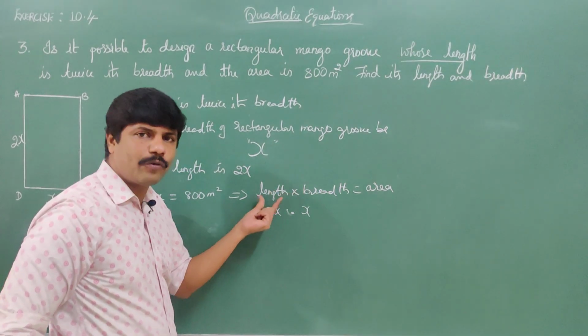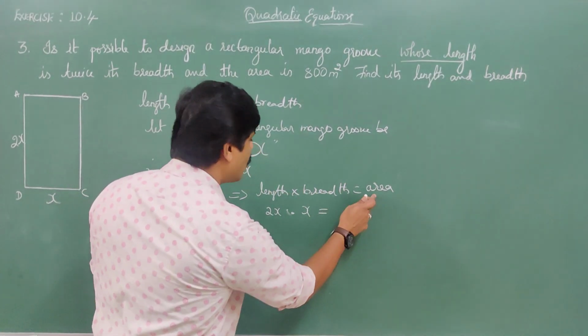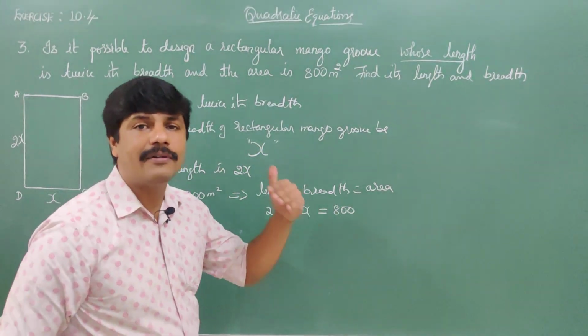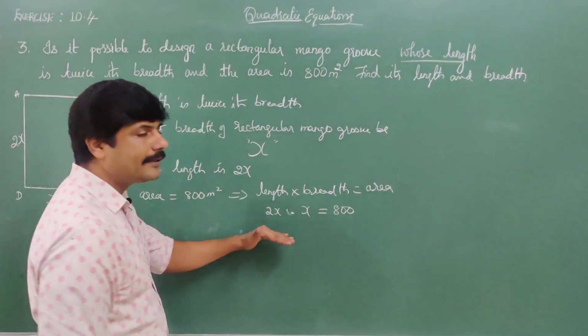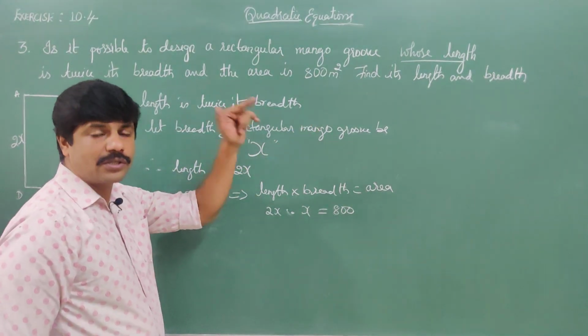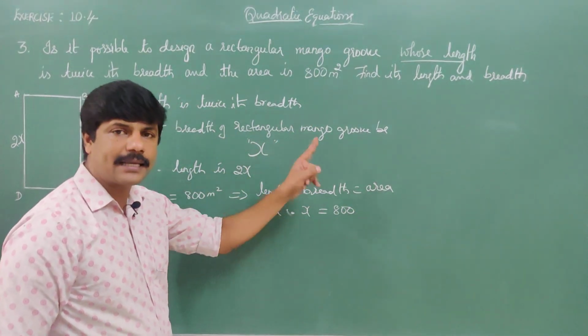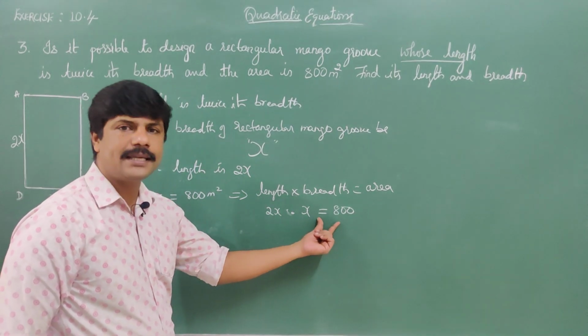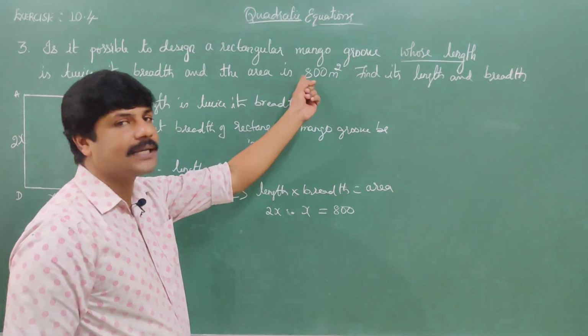Breadth is x, therefore length is 2x, and this equals the area, 800. You should know the area formula of a rectangle: length into breadth. So 2x into x is the area, which is 800.